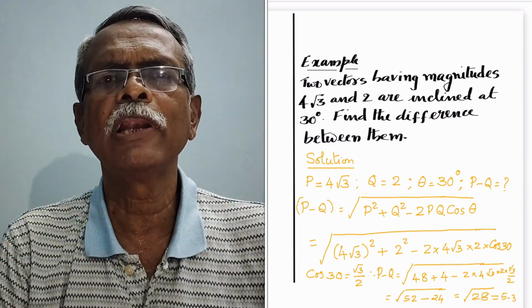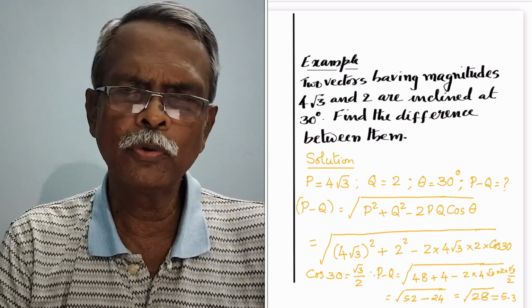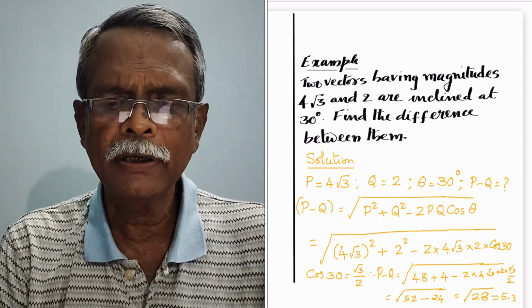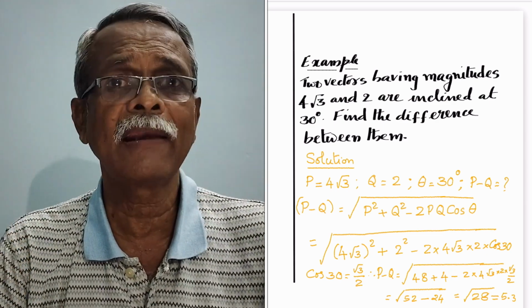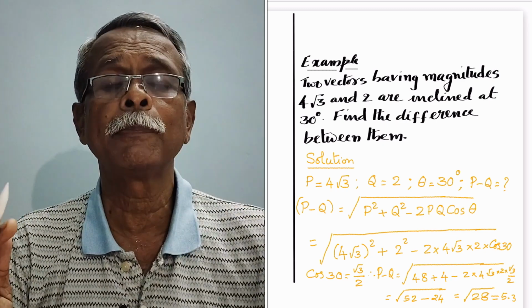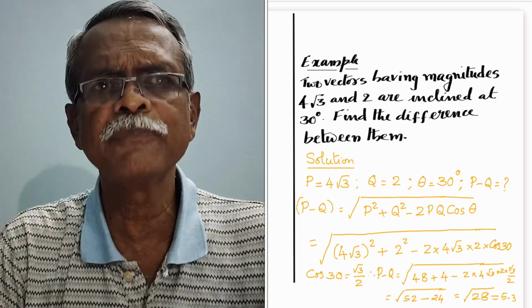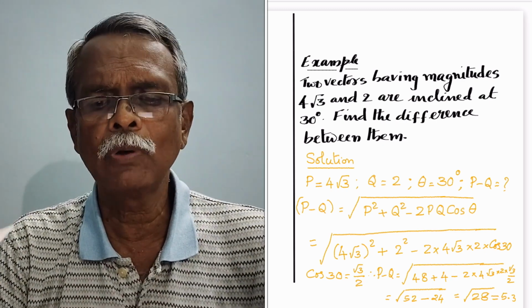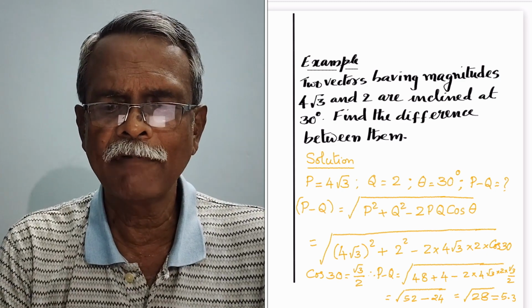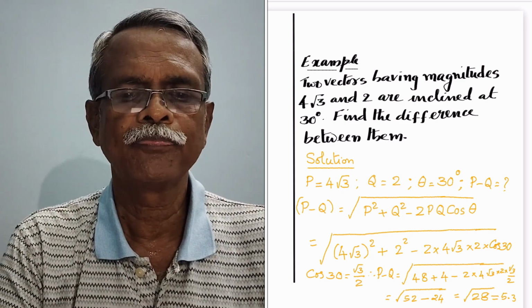Therefore, you can choose the value 5.3. You don't need to calculate the square root of 28 exactly in actual objective type questions. But if it is a subjective question, then you will have to calculate the value, and that value will be 5.3.